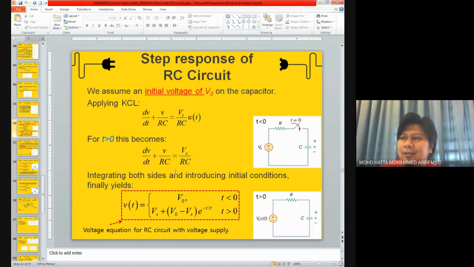I don't think this part is compulsory for you to know, but if your mathematics is strong, I think it's easy for you to understand this part.